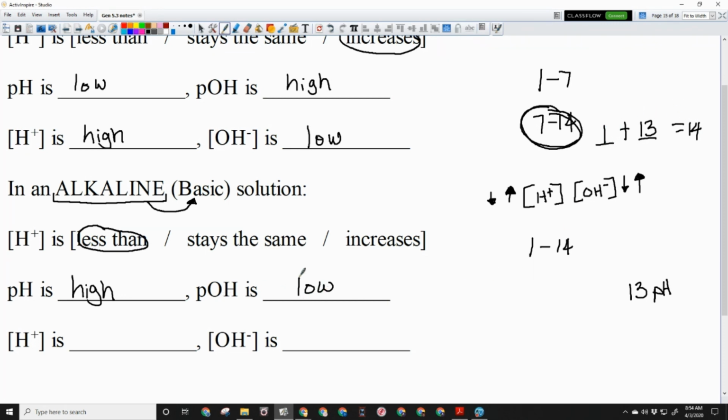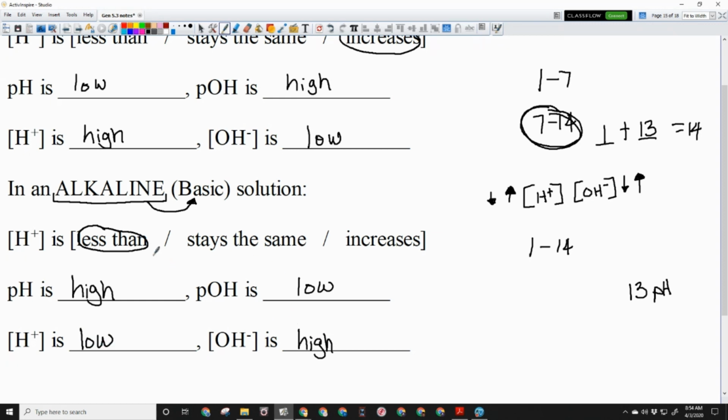So that's going to mean your pOH is low. And in an alkaline solution, the hydroxide ion concentration is high. We just talked about that right here. And if this is high, that means that this is going to be low.